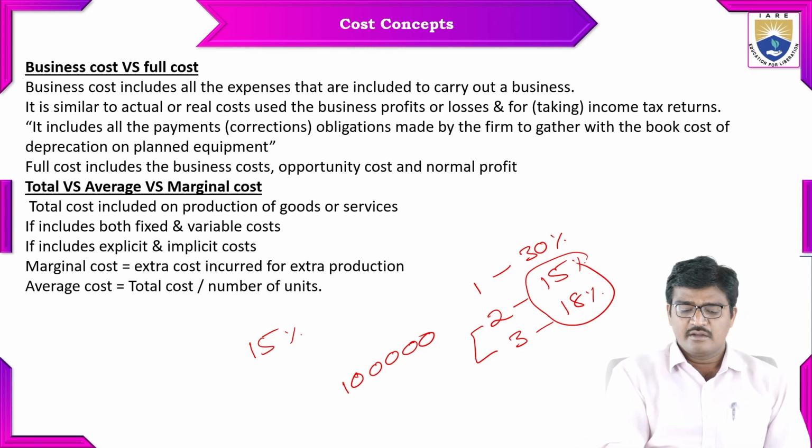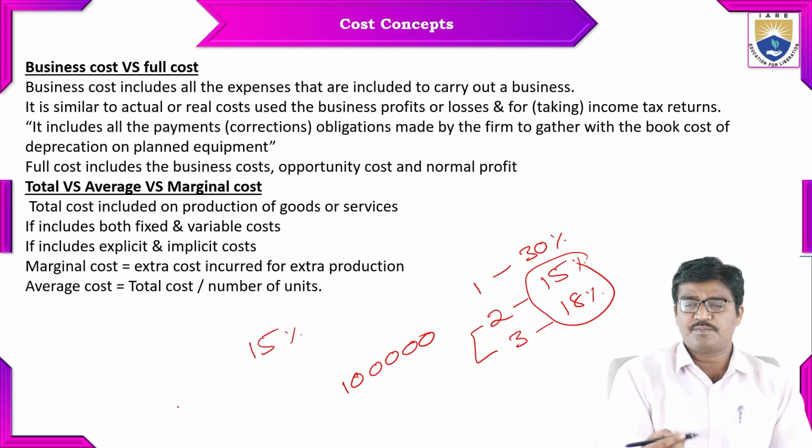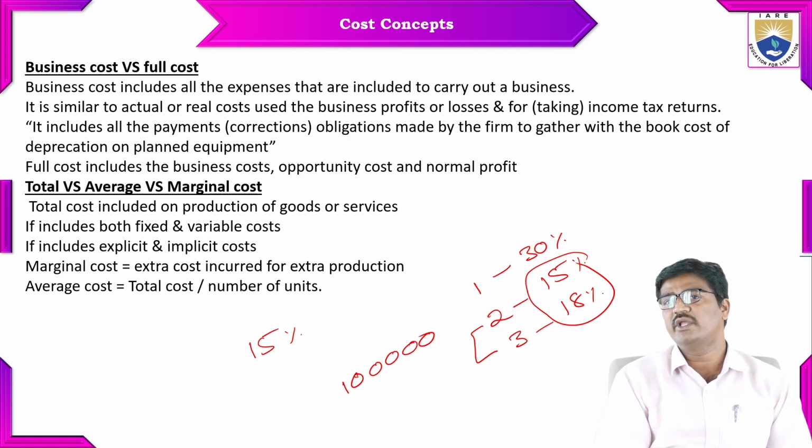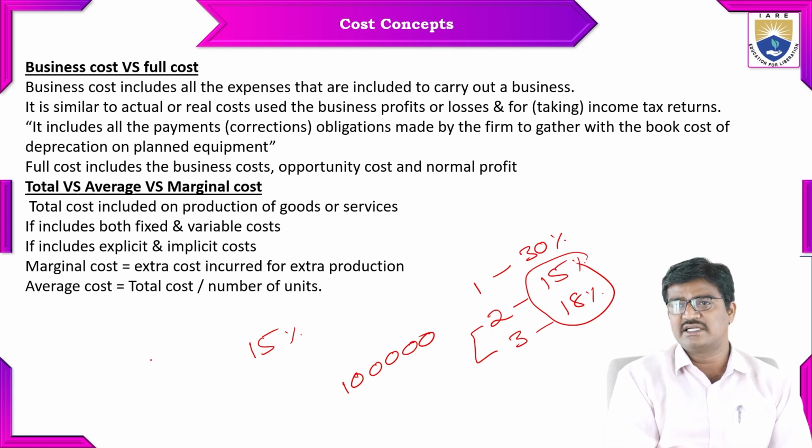For this kind of decision making, business persons or entrepreneurs are going to set a profit percentage, that is the normal profit percentage. This is normally 24% of profit.